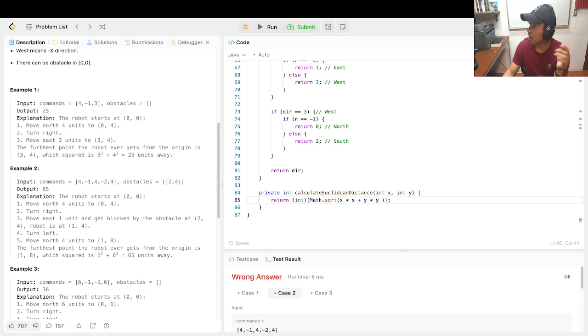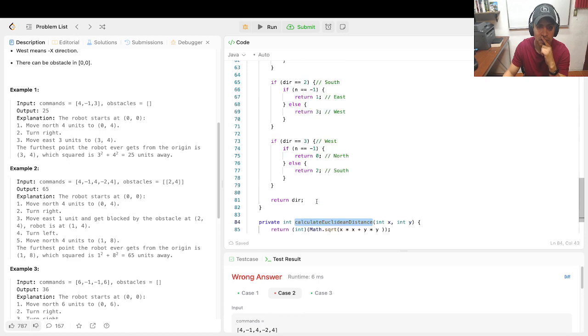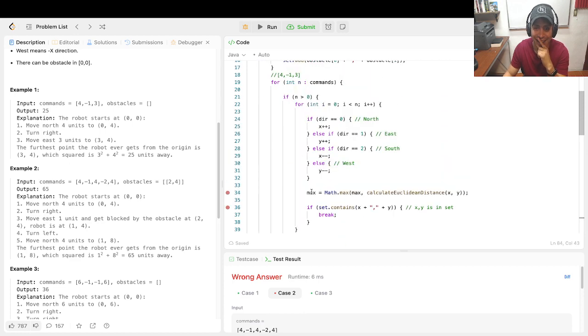I'm not sure if you can share with me the way to calculate it, because I tried it with the square of the x plus y and it's wrong. Okay. Well, I am right at this moment with this function, but not with the other part of my code.